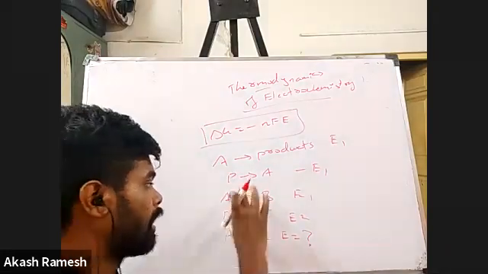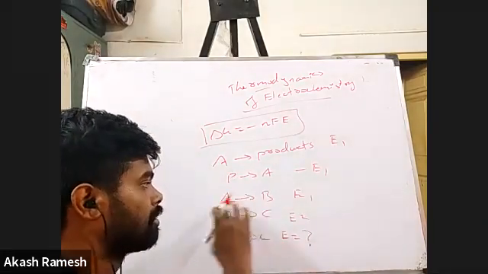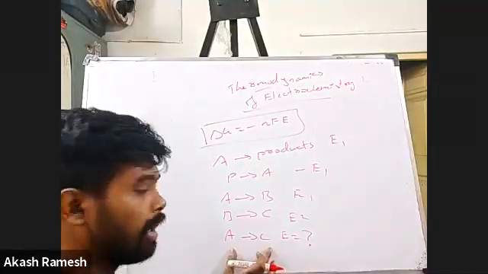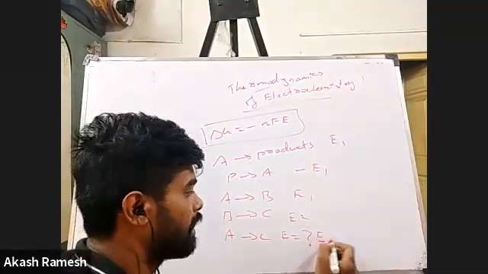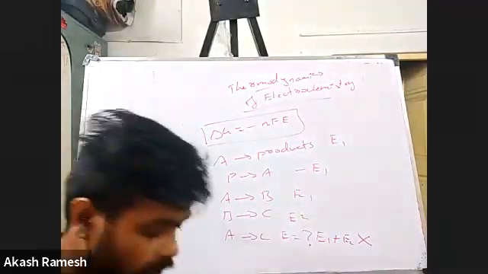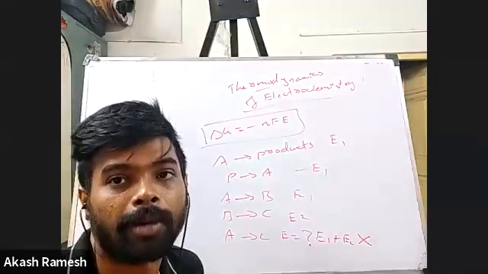Now what will you do generally? When I add these two reactions, A giving B and B giving C, I'll get A giving C, correct? Now in this case, can you write it as E1 plus E2? Absolutely not. It is not an extensive property.